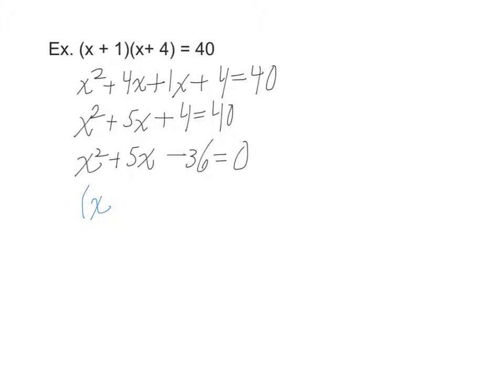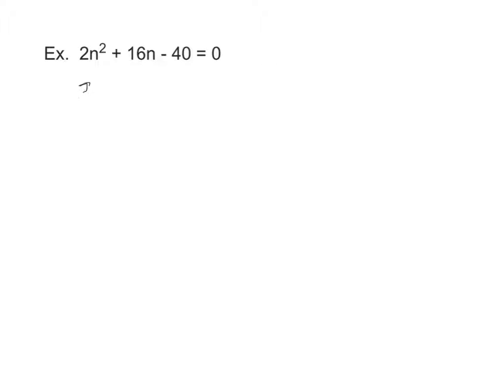I need to think of two numbers that'll multiply together to give me -36, but add up to be +5. If I take this 2 out first, this problem will be a lot easier.